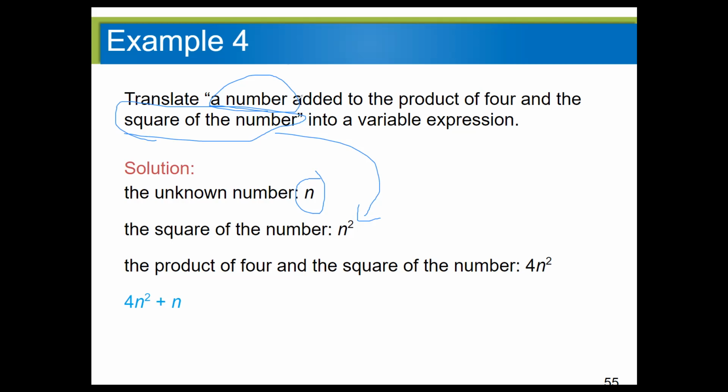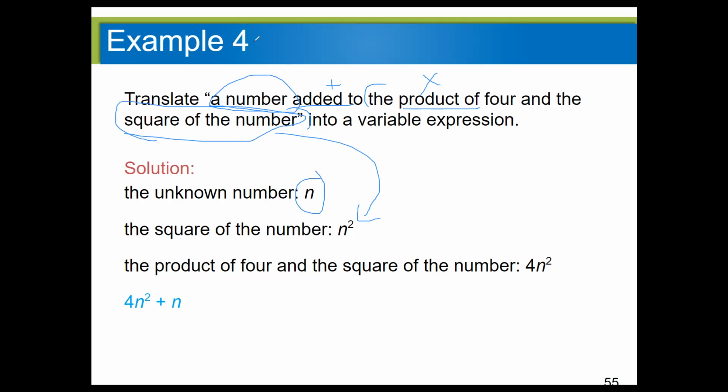Cool. So a number added to the product of. I have added to and product of. Added to is addition. Product of is multiplication. A number added to the product of 4 and square of the number. So product of 4 and the square of the number, that's the way the product defines.